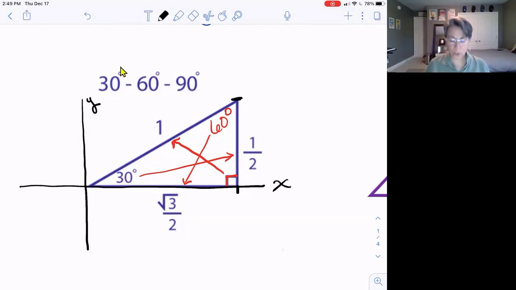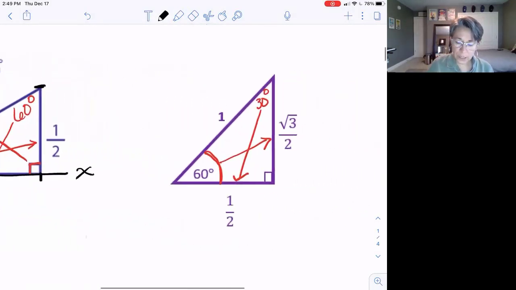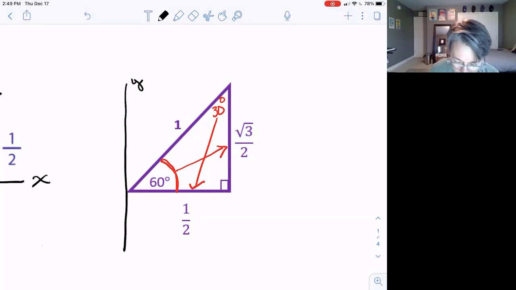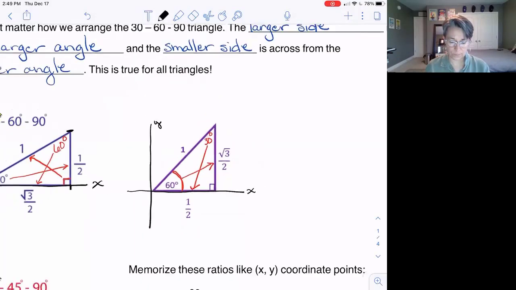So we can actually do that for every triangle in existence, is to place them on an XY coordinate system.